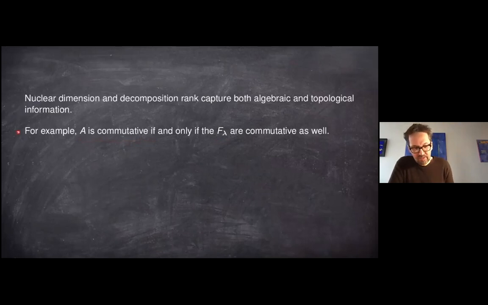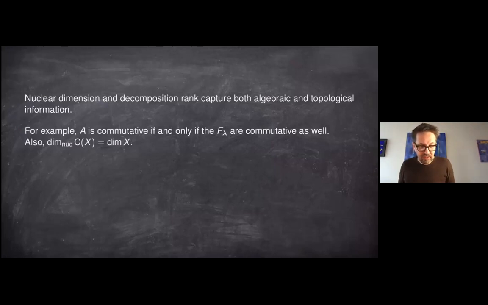And a statement like this would not be possible from the original completely positive approximation property. There, for the finite dimensional C-star algebra, you could even take individual matrix algebras as your finite dimensional approximating algebra, and then you cannot read off anything like commutativity from the approximations, at least not directly.